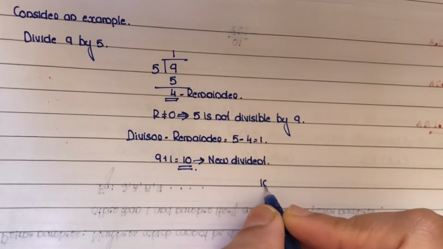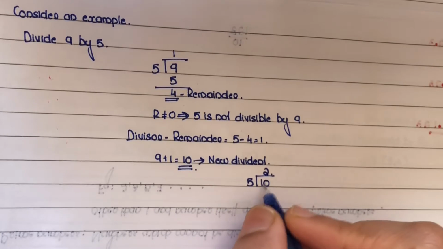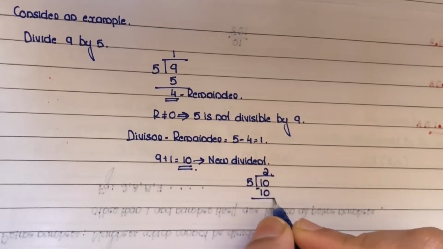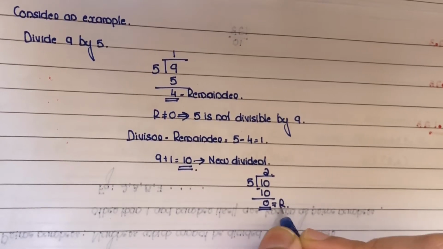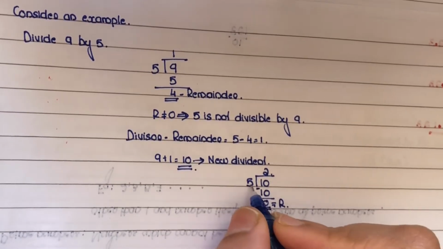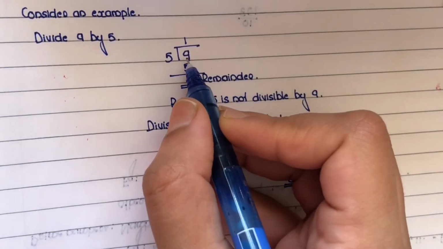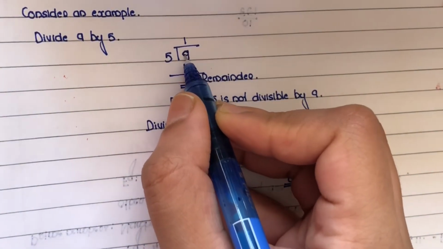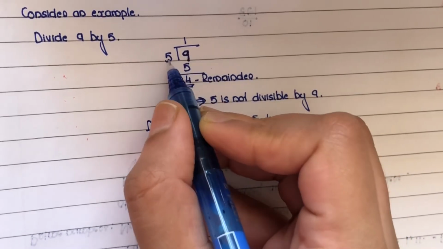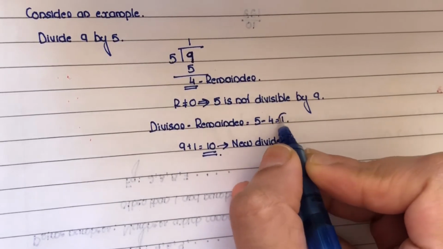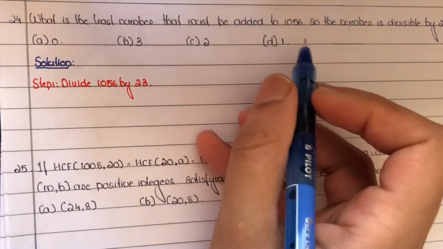Now divide 10 by 5, that is 2. The remainder is equal to 0, which implies 5 is a factor of 10. So the least number that must be added to 9 so that it is divisible by 5 is 1. Clear?